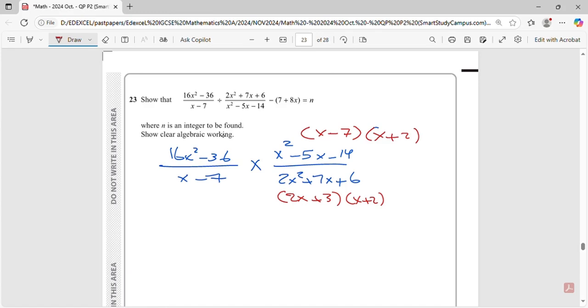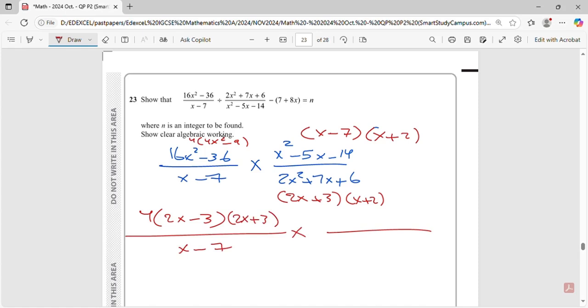We can take a common factor from 16x squared minus 36. I will take two common factors, so it will be 8 and 18, and of course I will take 4 as a common factor. So it will be 4 times 4x squared minus 9, which can be factorized: 2x minus 3 and 2x plus 3, over x minus 7.